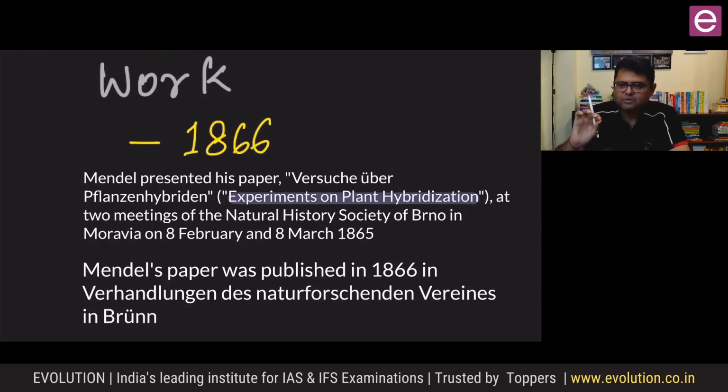You are not supposed to remember the German name. The paper was presented at the Natural History Society in Brno, where Mendel was a monk in the monastery, in 1865, and the very same findings were published a year later.